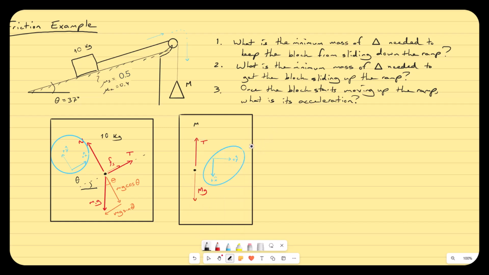Here we go. I'm looking first for the minimum mass of the triangle needed to keep the block from sliding down the ramp. So maybe I start with the triangle. Sum of forces in the x direction.